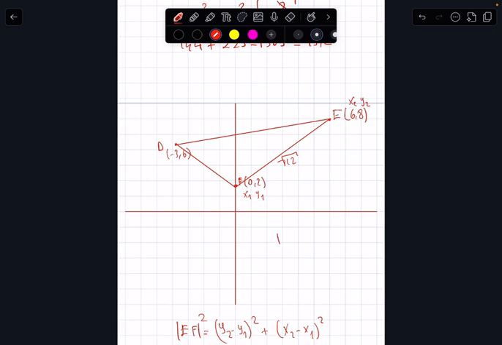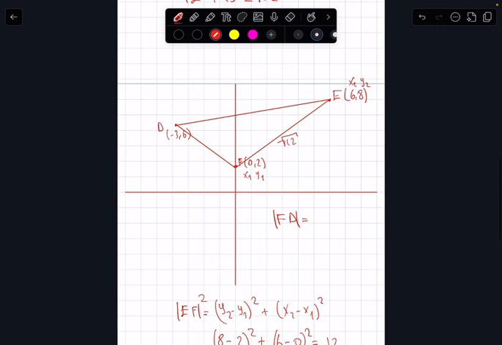Let's find FD. Same thing. In this case, since we are taking the square root, the order actually doesn't really matter, but let's see. 6 minus 2 square plus negative 3 minus 0 square. 4 square, 16 plus 9, 25, right?